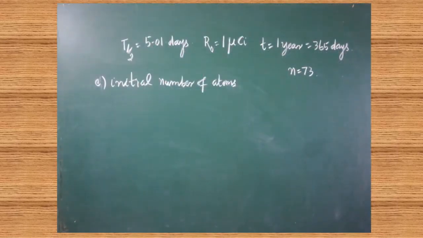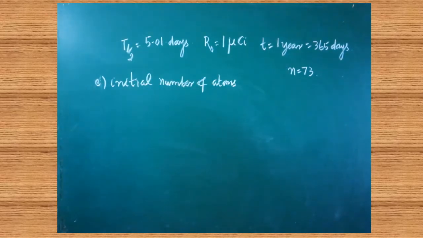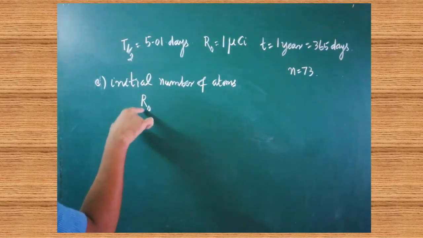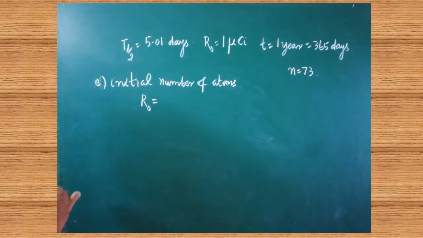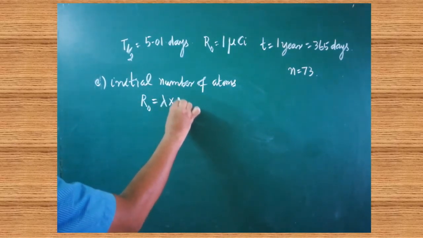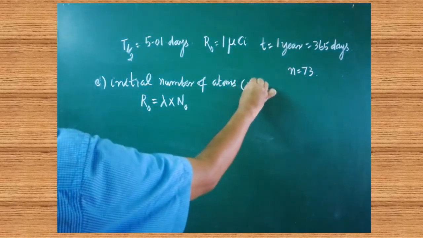The final one is, we have to find out the value of the initial number of atoms. How to find out the initial number of atoms? The fundamental formula is, initial activity is equal to the disintegration constant multiplied with the initial number of atoms, N naught.